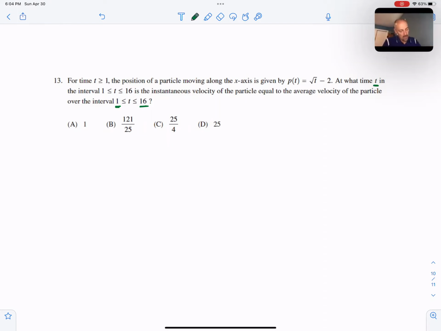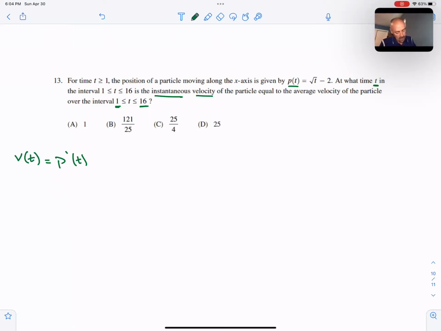So what we've got to do is look to find the instantaneous velocity. That's going to be p prime at t. So again, the position is given by p at t. Velocity is going to be the derivative of position. So p prime of t is going to be equal to velocity.